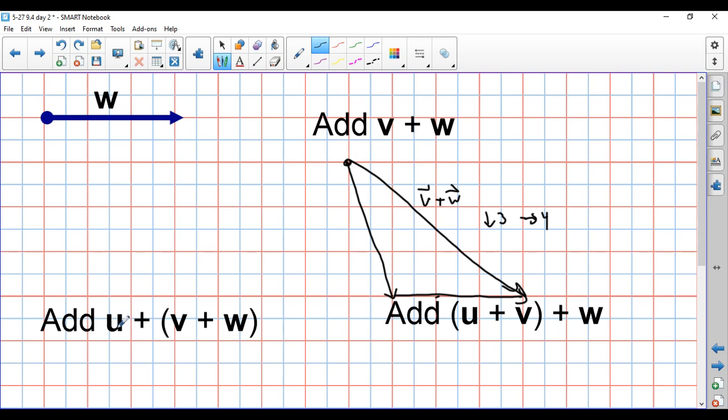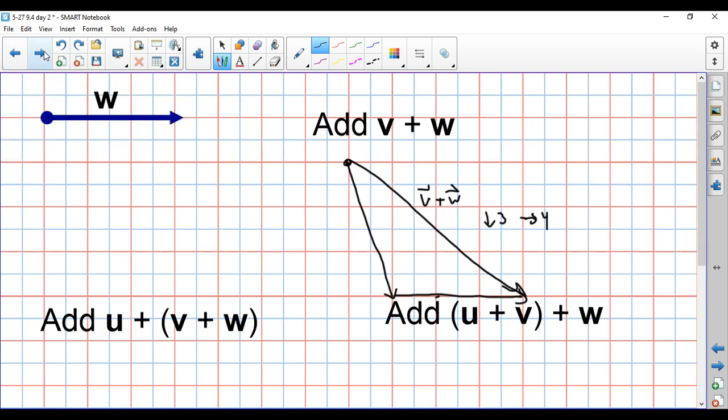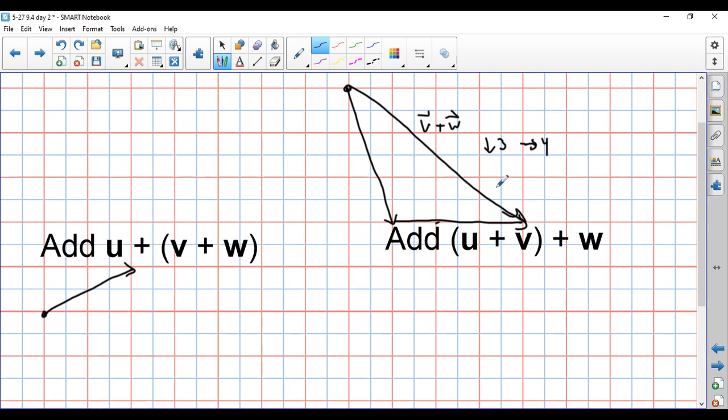Now I'm going to add vector u plus that sum. So I'm going to use the sum in this work. U was the vector that went up 1 and right 2. So I'm going to take u, go up 1 and right 2. And then I'm going to add to that my resultant from here that goes down 3 and right 4. 1, 2, 3, 1, 2, 3, 4.